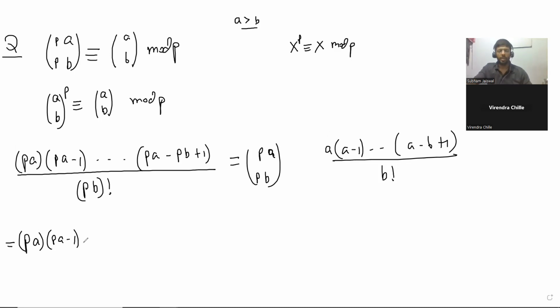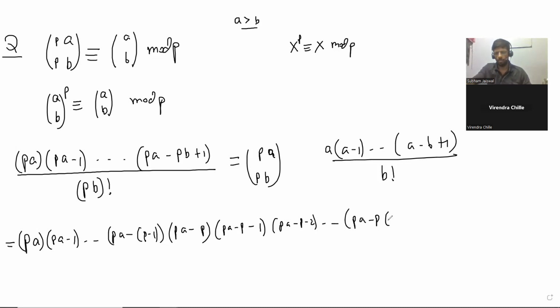Now if I consider this, I go P minus 1 steps back, and then I go P steps back, and then again I continue the same thing. On PA minus P, I go 1 step back, and on again PA minus P, I go 2 steps back.